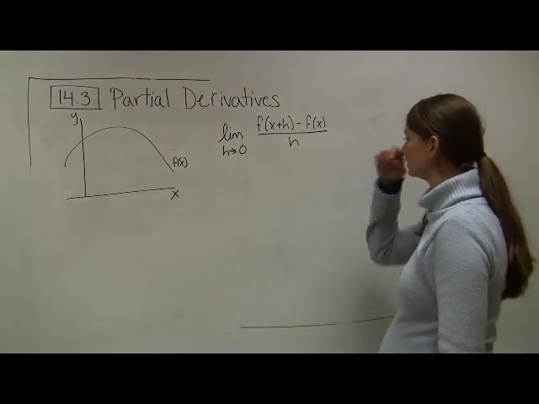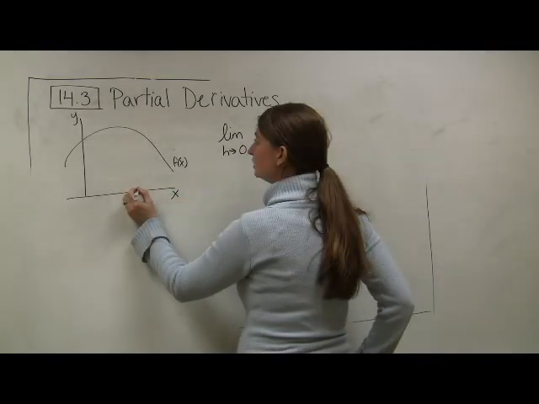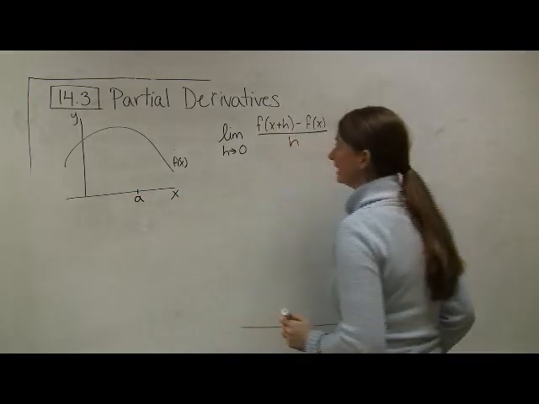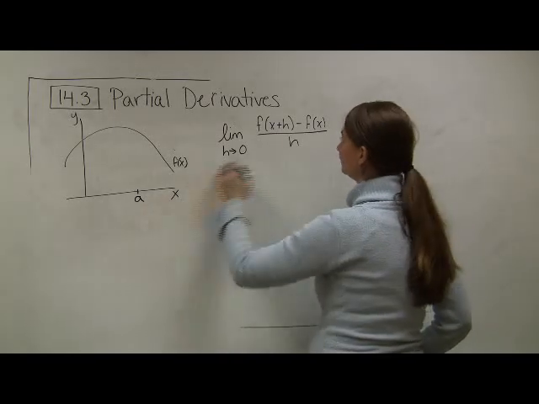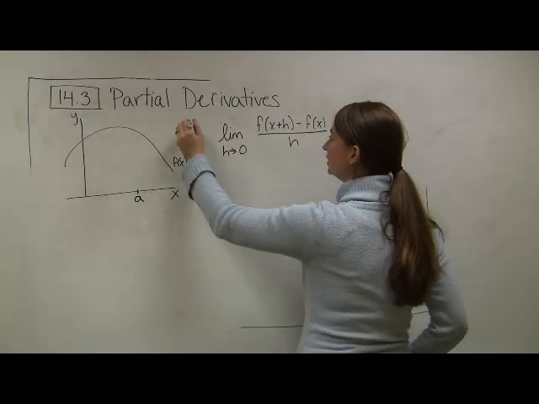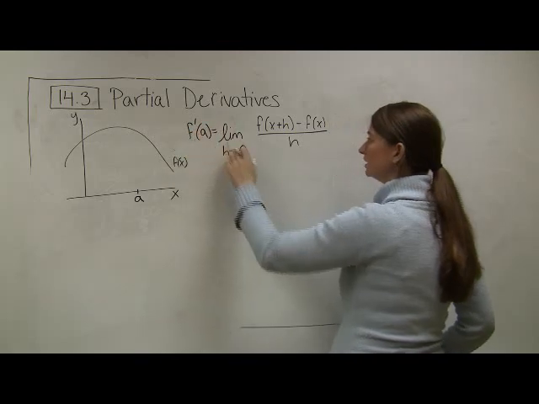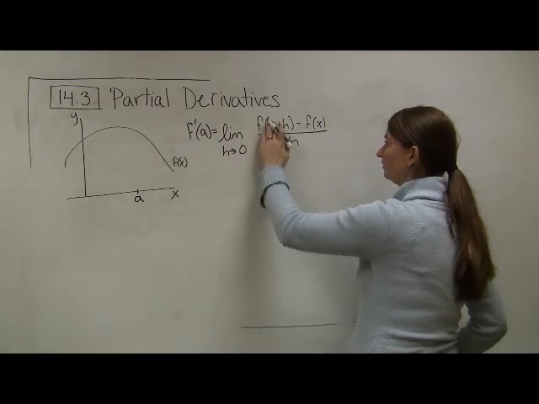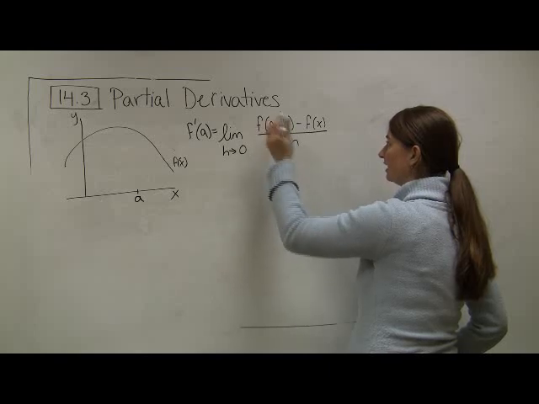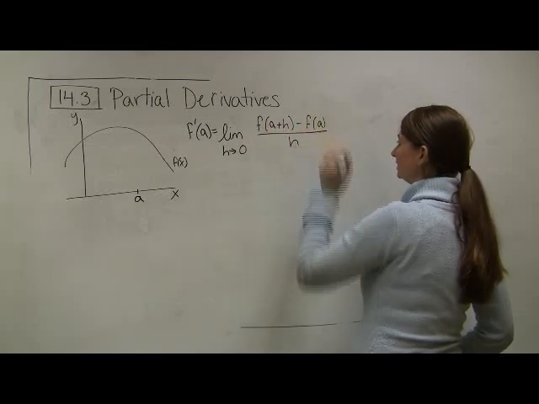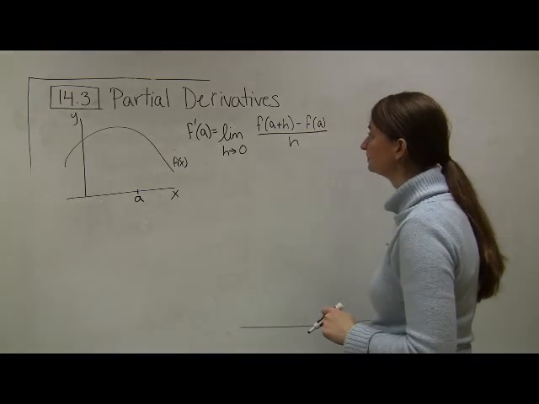So in this case, if I wanted to evaluate the limit at some point a, instead of having x's, I would be looking at what is f prime of a? Well, it's equal to the limit as h approaches 0 of f of a plus h minus f of a all divided by h.